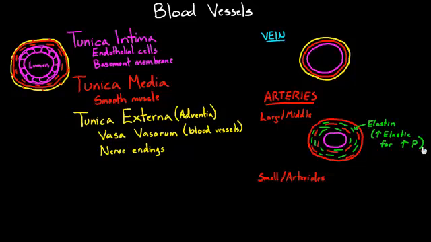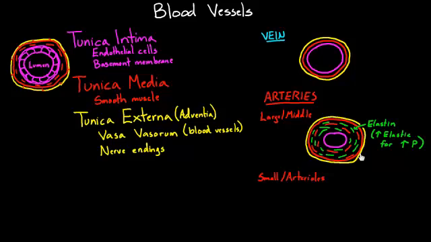And I'll write P for pressures. So that's what the middle layer looks like, and of course you still have your outer layer as before. Okay, so you've seen one key difference now, right, with these large and middle-sized arteries.